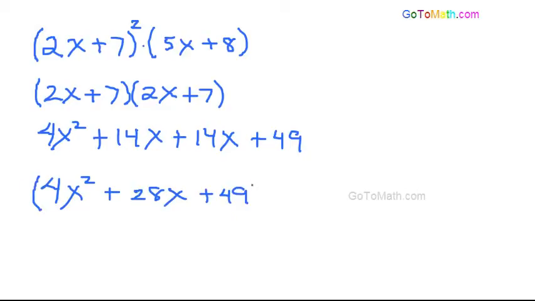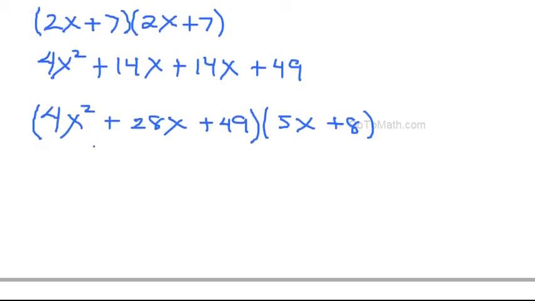Alright. And now what we're going to do is go ahead and multiply it by the 5x plus 8. Now you can write this 5x plus 8 over here on the right, or you could write it over on the left. Doesn't matter. But what does matter is we go through all the combinations here. We've got 4x squared times 5x, so that's going to give us 20x cubed, right? x squared times x.